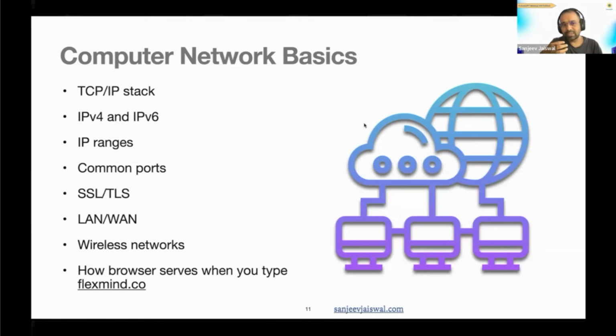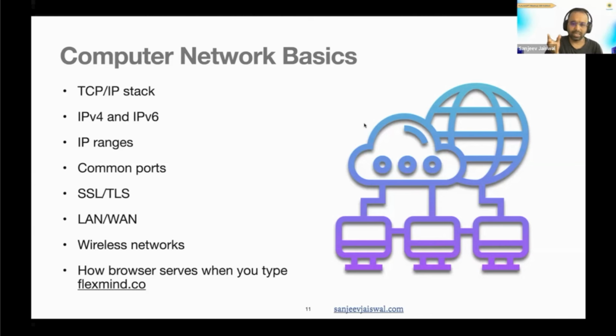So if your fundamentals are clear, like what these IP ranges are, what CIDR ranges are, what the common ports that people use are, what kind of SSL TLS certificates we are talking about, what the cipher suites are, right? What is the basic difference between LAN, MAN and WAN? What are wireless networks, right? Every day we use mobile hotspot, we use Wi-Fi. So at least a basic understanding of this will help you.